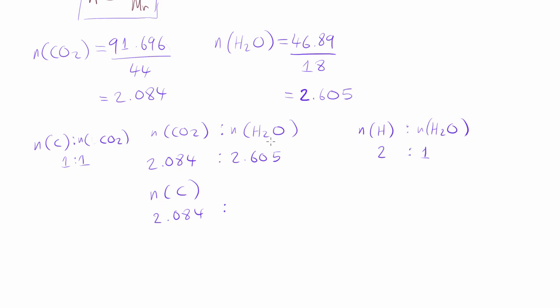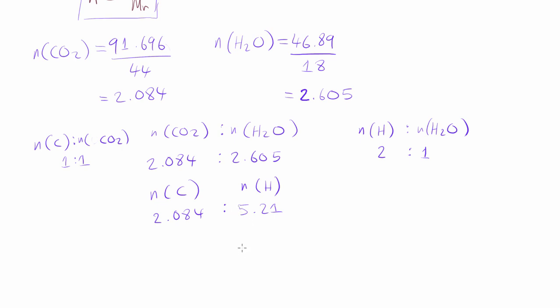Now what are the implications of this for this ratio? If we want to convert this into moles of hydrogen, we must multiply it by 2. So this value, 2.605, we do need to multiply by 2, right? I would invite you to have a go at working out what that is. If you do multiply it by 2, you should get 5.21, okay?